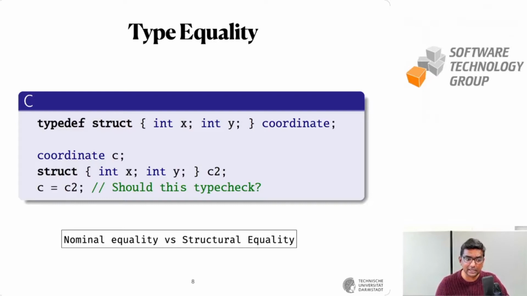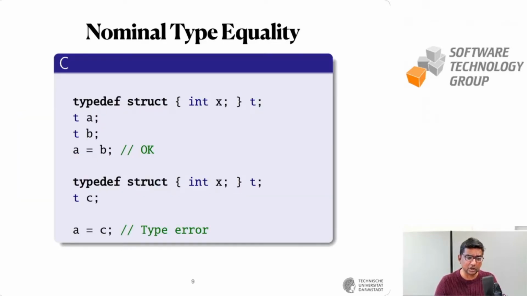Now, should c and c2 type check? Well, this depends on whether your language does nominal equality or structural equality. Structurally, c and c2 are the same type. They contain two integers called x and y, but nominally they are not equal. We'll look at how these are done in the next slides.